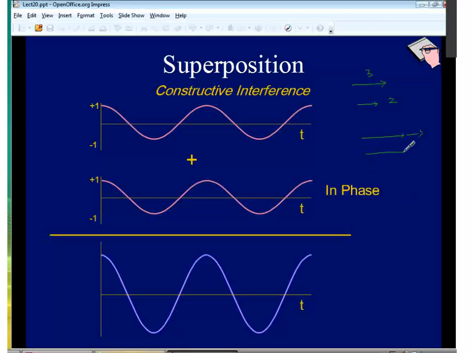So there can be maximum opposition also. Look at this. Now here it is 3 minus 2 equal to 1. Maximum opposition, maximum support.